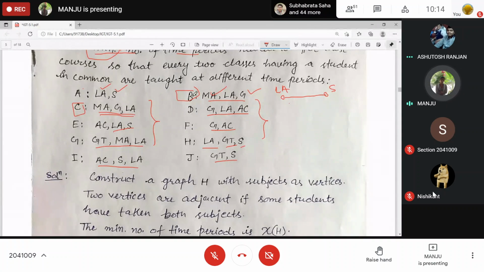In all the classes. Yes, ma'am. Now D will attend geometry, linear algebra and advanced calculus, and like this. Okay. So we need to fix these courses. We need to schedule. We have to make a timetable for the college. Okay. So that these 6 courses are offered in the minimum time.